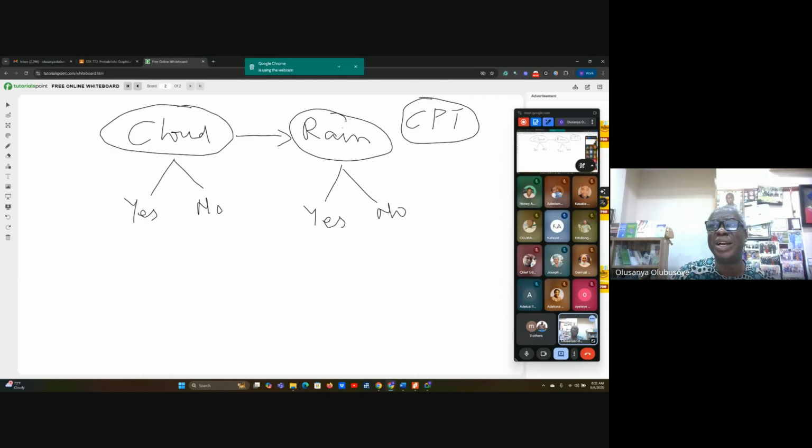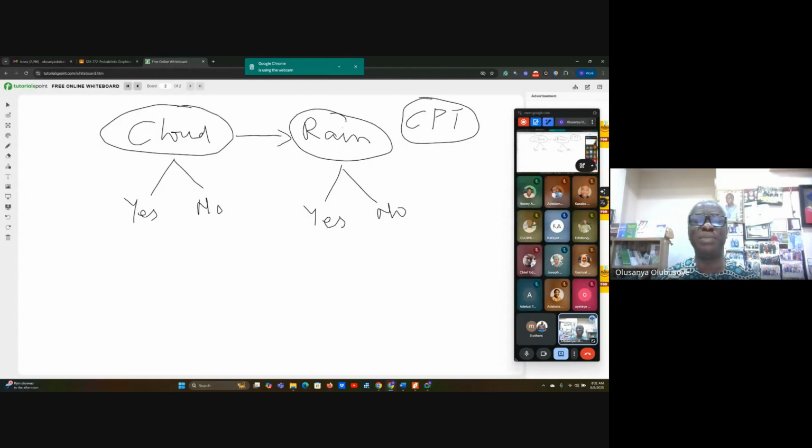So if I have information about the state of cloud, then I'll be able to predict the likelihood of having rain. So that is what the conditional probability table helps us to achieve.